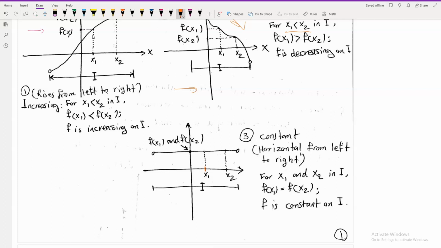For x1, the value that we have for y is that point, and that is the same when we have x2. Again we have the same value for y, meaning that for x1 and x2 we have f of x1 equal to f of x2. That means our function is constant on open interval I.